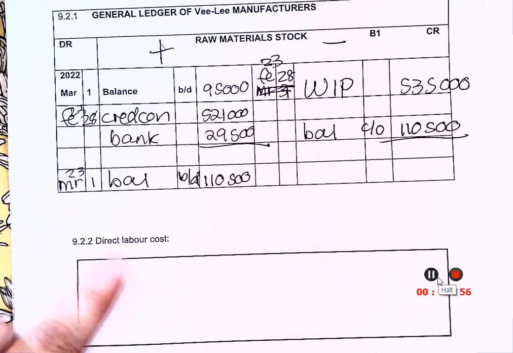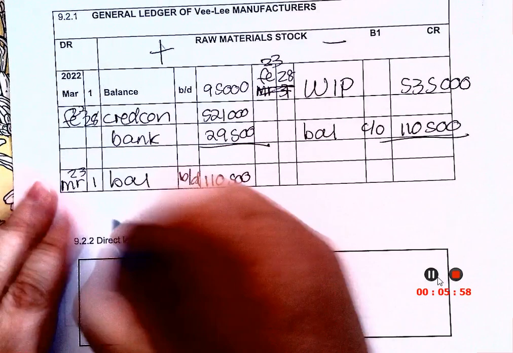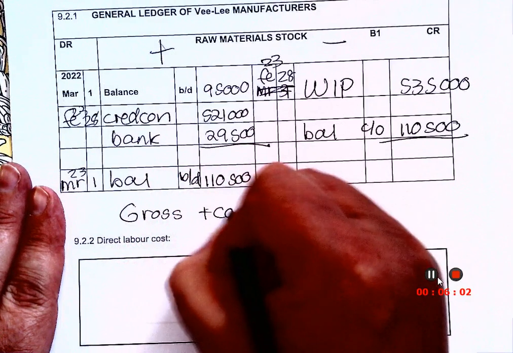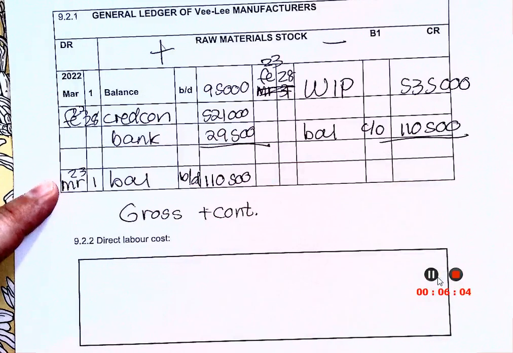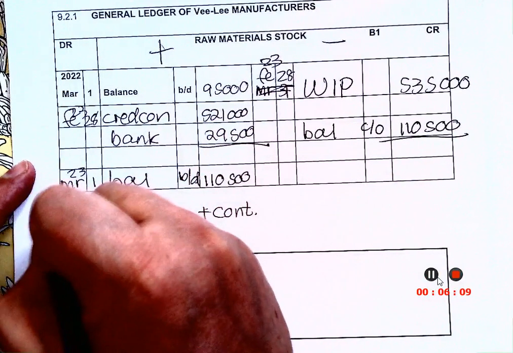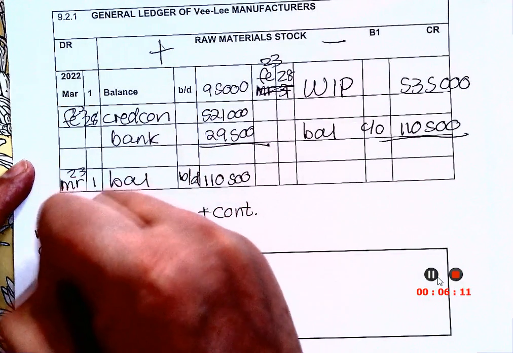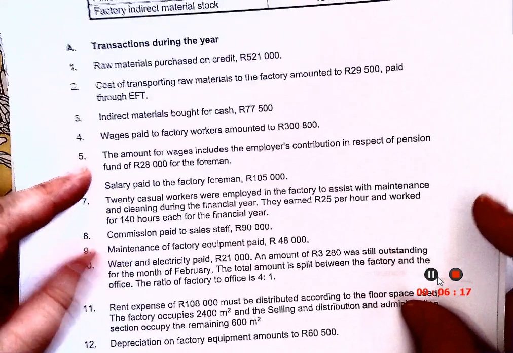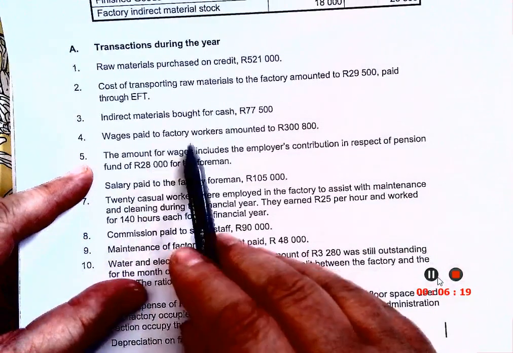So if it's a wage or a salary, I always want the gross and the contribution, right? If it's a wage, I know the gross would be norm and overtime. Okay, so now let's go have a look. What do they tell me? They say wages paid to factory.